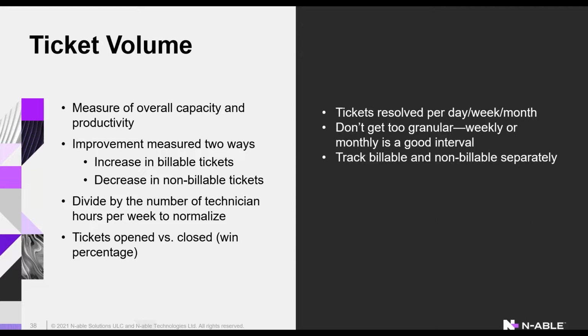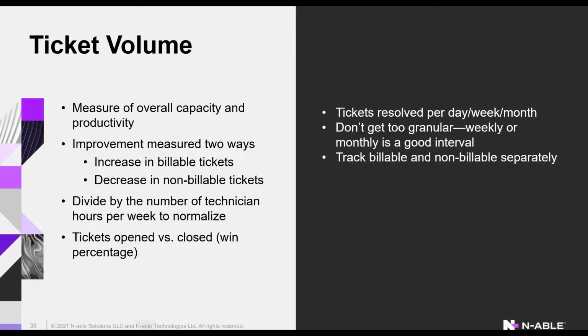How many tickets came in? How many did we complete? Right? What was our win percentage, if you will? Okay. And we're looking for two things in regards to operational efficiency here: an increase in billable tickets or projects, and a decrease in non-billable items.